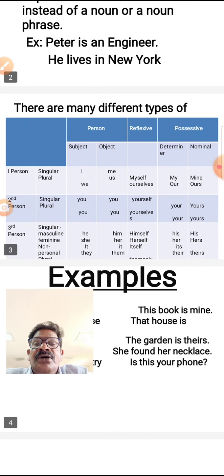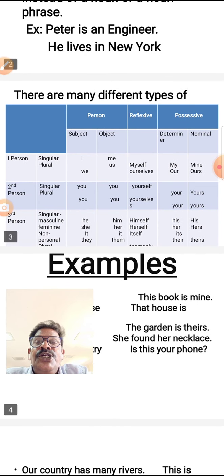Okay, right? Here in your textbook a table has been given. If you want to check it, just go through the textbook table, and for your knowledge also I have taken that table for you people.